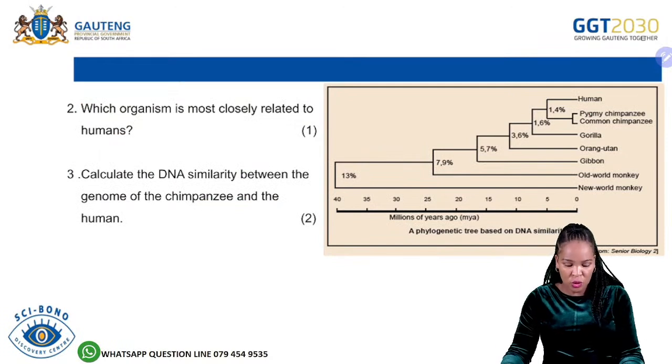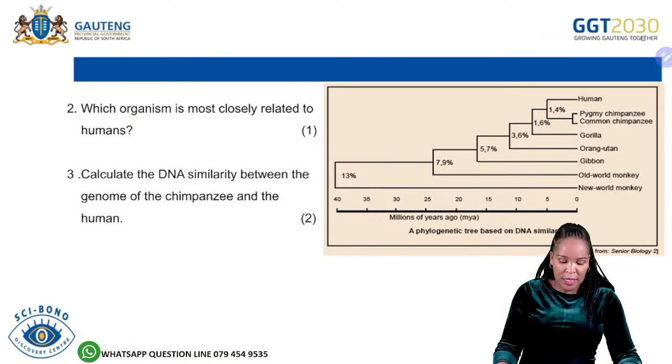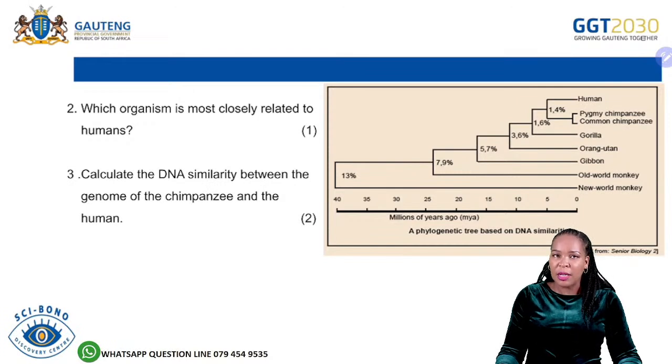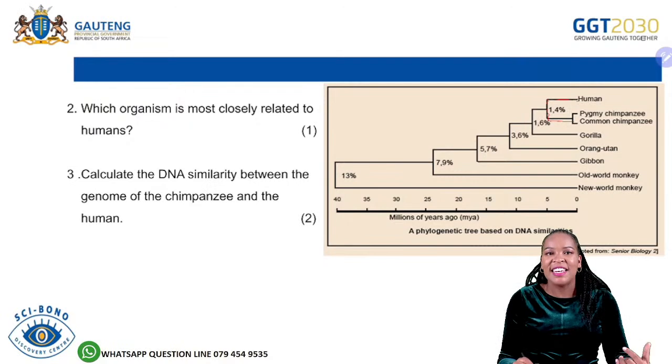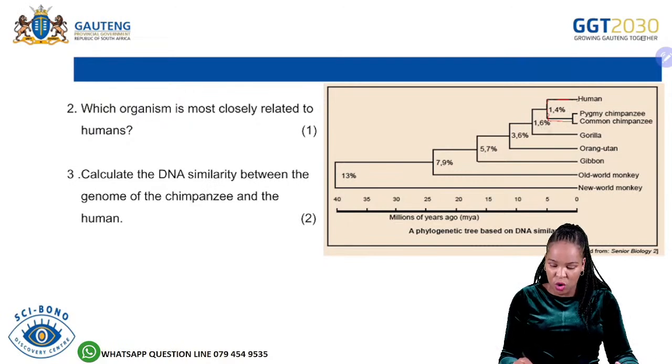Now, question number 2 says, which organism is most closely related to the humans? So now you're going to come back to your phylogenetic tree and check which one is closely related to the humans, meaning the one which has fewer differences. So here are your chimpanzees.